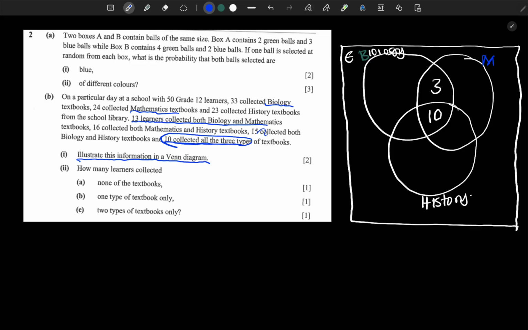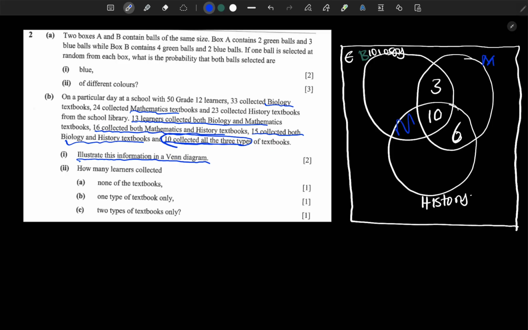So we move on. Then we are told 16 collected both mathematics and history. Mathematics and history is here, and we are told this region had 16. Now from 16 we have a 10, so 16 minus 10, we are going to have a 6 here. Then 15 collected both biology and history.